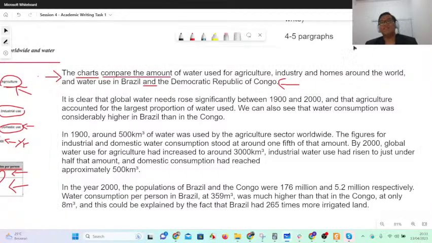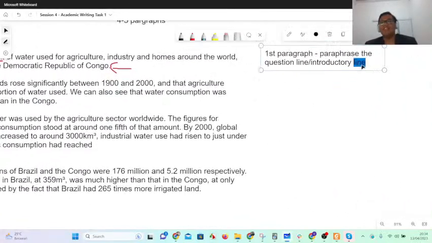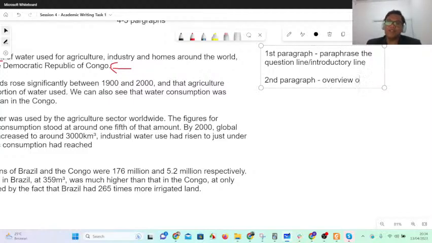Now, this is where we start to kind of see the template, right? And for all task one questions, you can literally just follow this structure. Now, this is the structure, so the cohesive part, right? The second paragraph usually is an overview of the data.